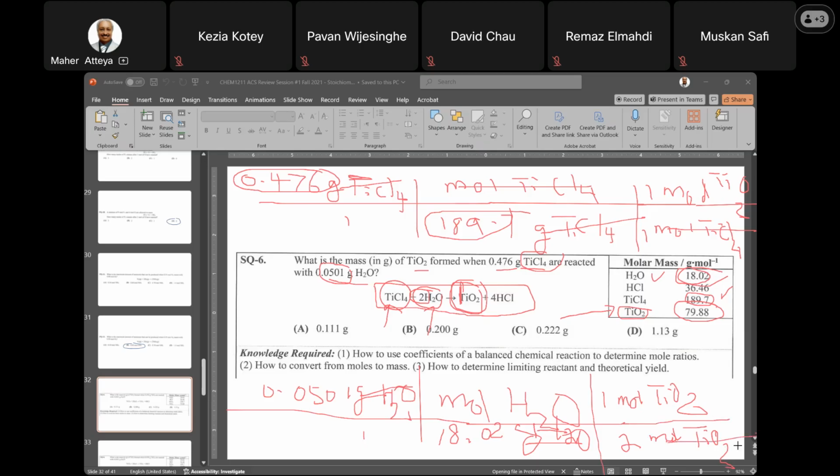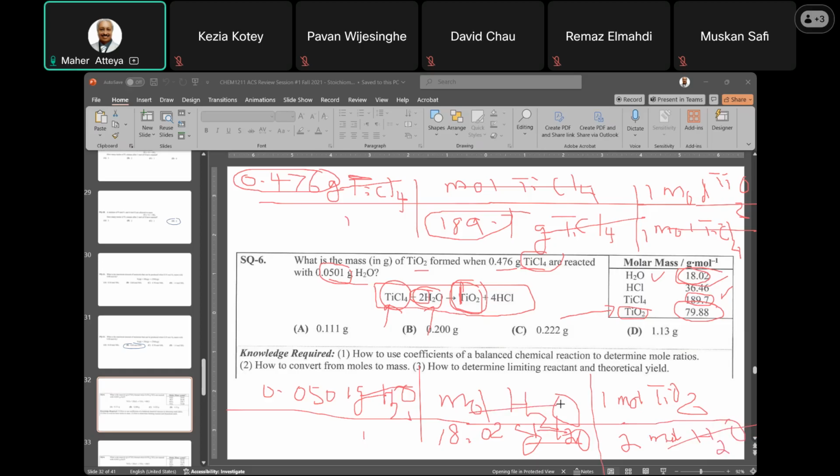The mole of H2O here, the bottom is mole H2O, and the mole H2O cancels out.